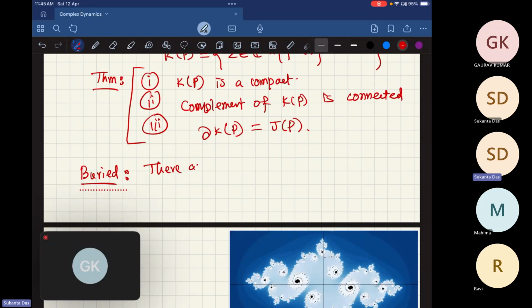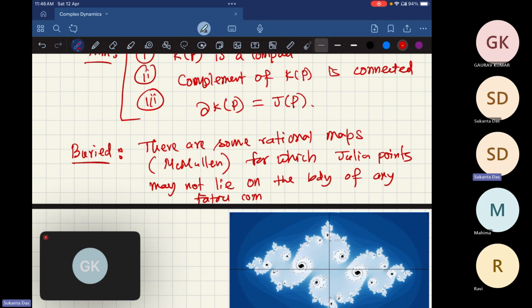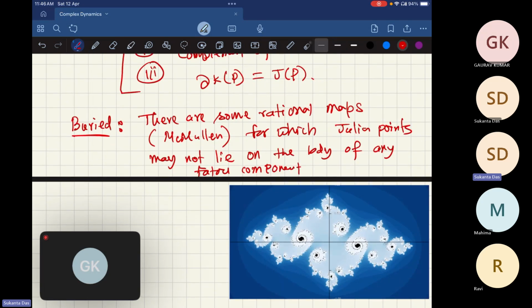There are some rational maps, and these maps were first given by McMullen, for which Julia points may not lie on the boundary of any Fatou component.